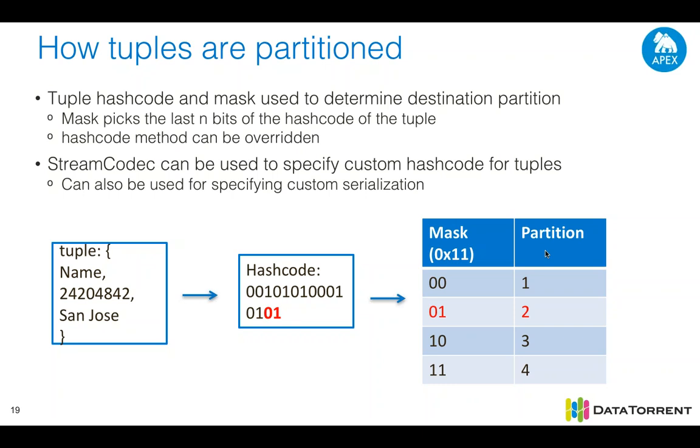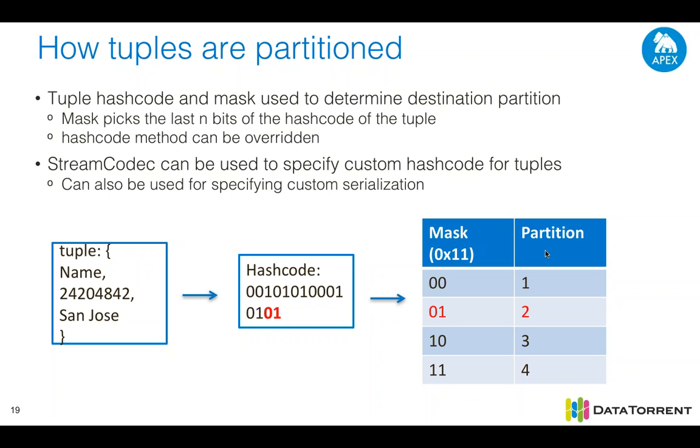Now, sometimes hash code is not something you want to use. You want to use some key in the data, like maybe it's an employee object, and you want to use the employee ID or something like that as a key to split the data. You can do that. We provide a way. It's called a stream codec. You can easily define a stream codec, and you can pick what you want in the object.